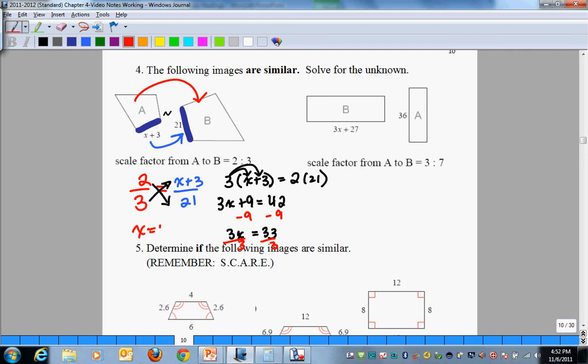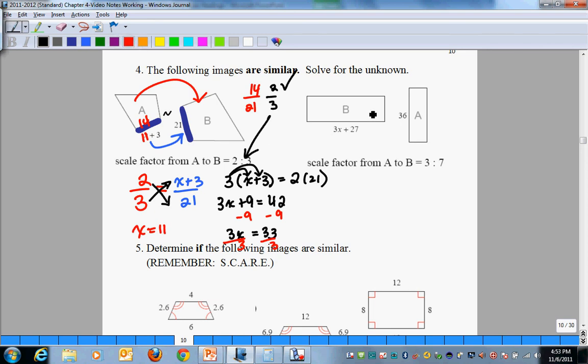And x equals 11. Now let's actually plug that in and see what happens. If x equals 11, 11 plus 3 is 14. So we're going to have 14 over 21. 7 goes into 14 twice. 7 goes in here 3 times. There's your check. It matches our 2 to 3 ratio. X equals 11.